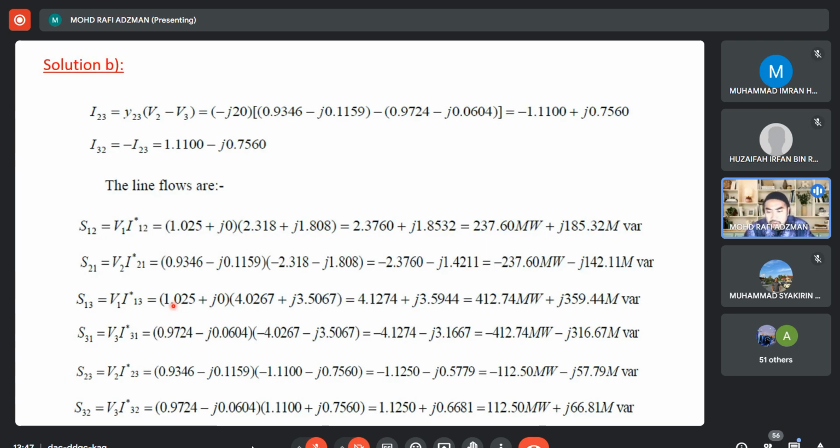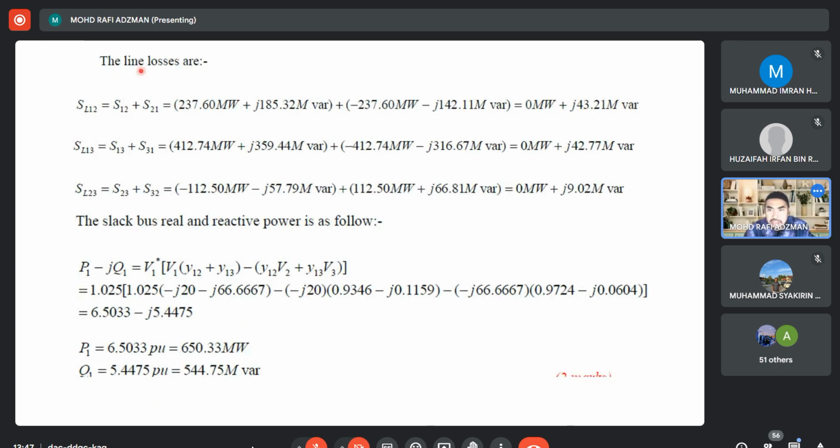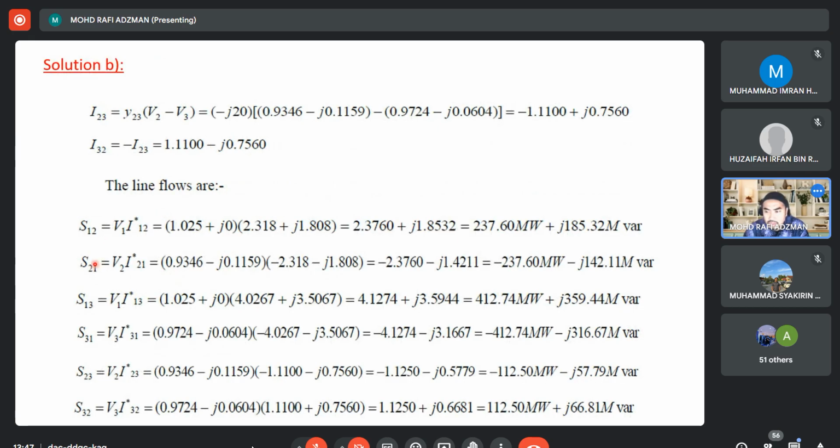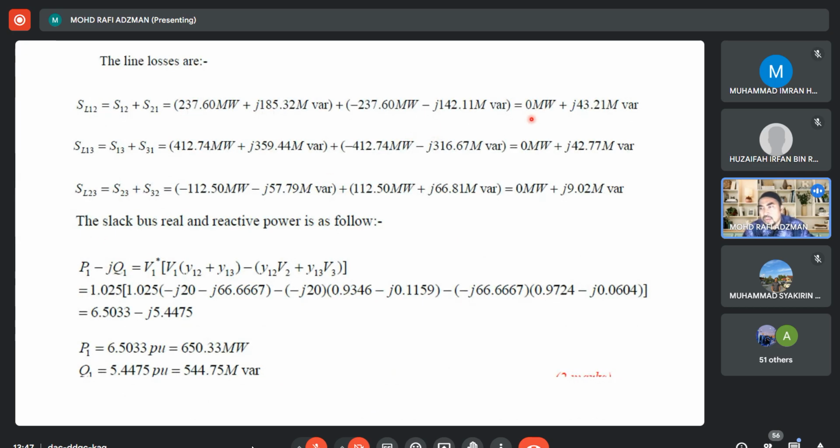Once you get the line flow, the next step will be much easier, because you want to find the line losses. The line loss SL12 equals S12 plus S21. Put back the values that you previously calculated for S12 and S21, and you find that SL12 is 0 megawatt plus j43.21 MVAR. Repeat for SL13 and SL23.